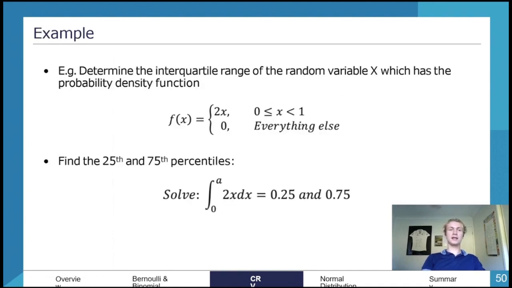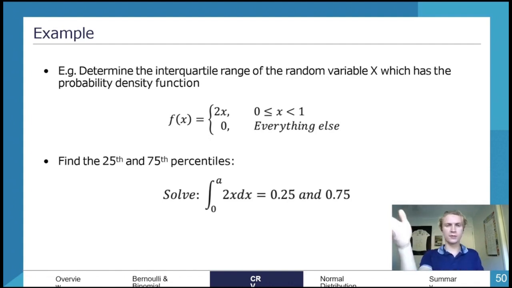Okay, so an example of this would be, determine the interquartile range of the random variable x, which has the probability density function f of x equals 2x between 0 and 1, and then 0 for everything else. We would have to find the 25th and 75th percentiles. To do that, we would sub in that the probability that it's less than A is 0.25.